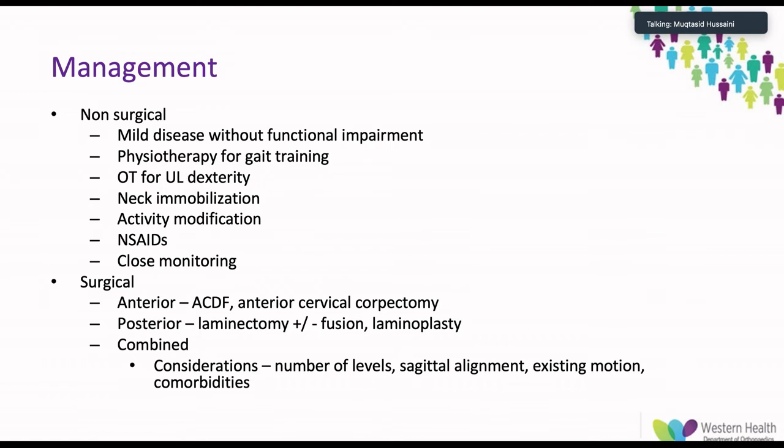In these patients, options include physiotherapy to help with gait training, occupational therapy to work on upper limb dexterity, neck immobilization, usually in a hard collar, activity modification, so avoiding things like contact sports, which may increase the forces going through the C-spine. And it's important to monitor these patients closely as they're at risk of deteriorating clinically.